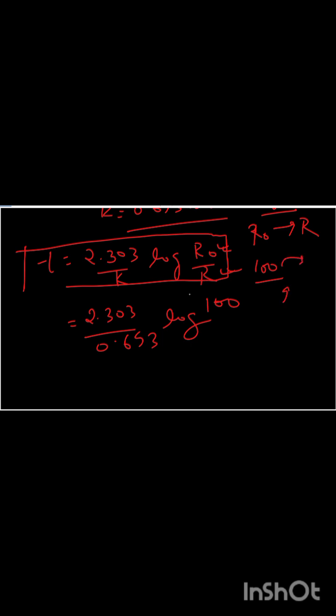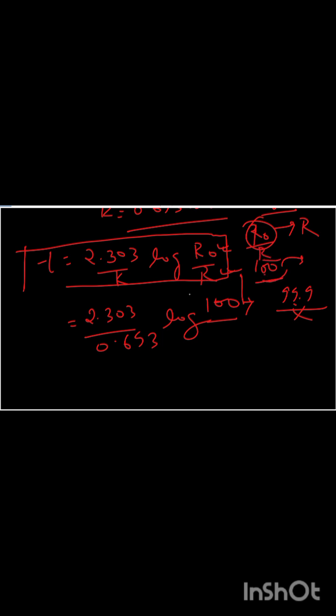If 99.9% is completed, that is this much reactant has been finished, then what is the quantity of reactant now? R0 was the quantity of reactant initially, R is the quantity of reactant later.